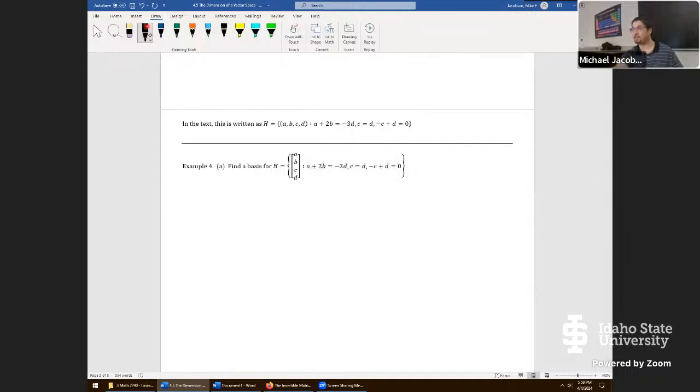So let's start off by saying H equals the set of all vectors A, B, C, D, such that what I would want to do right away is just put this equation in a format we're used to dealing with. So add 3D to both sides to get A plus 2B plus 3, let's give it a little bit of space before the 3D, equals 0.